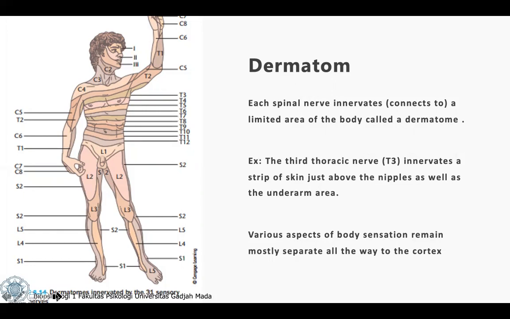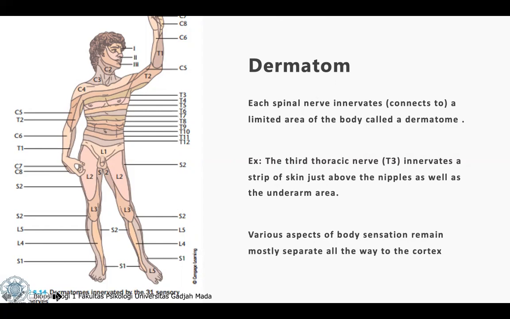And various types of somatosensory information, such as touch, pressure, and pain, travel through the spinal cord in separate pathways toward the thalamus, which then sends impulses to different areas of the primary somatosensory cortex that is located in the parietal lobe.